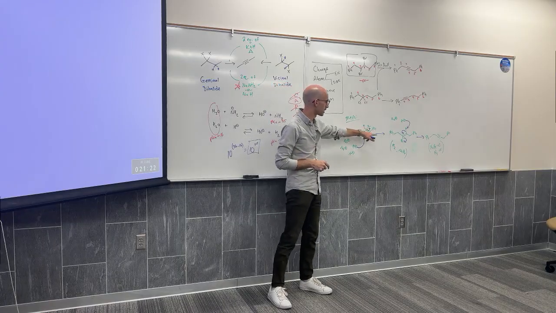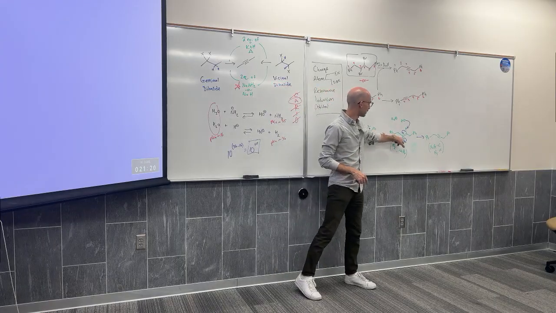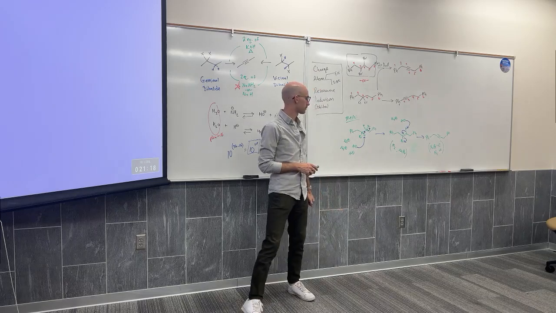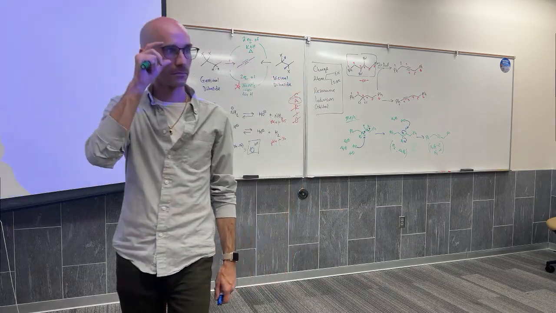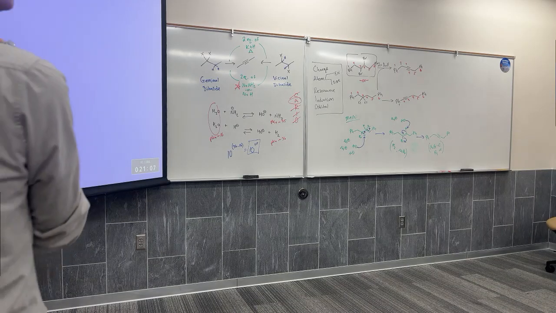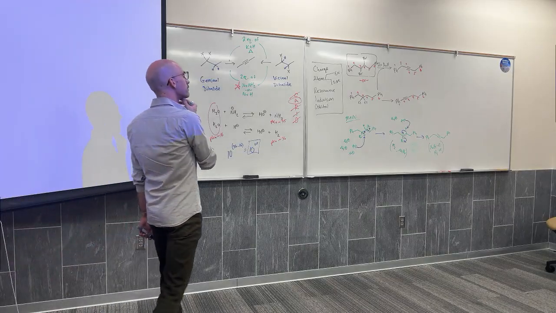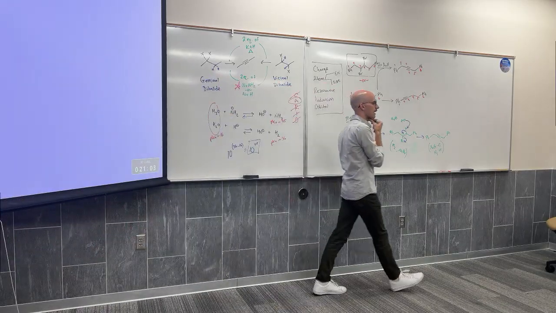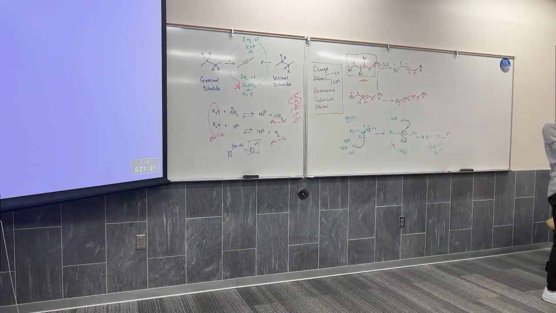So bromine leaves as Br minus, bromine leaves again as Br minus. So this isn't electrons being pulled or pushed as much as it is the base taking that hydrogen and that's releasing the electrons. Yeah, there is a pulling and pushing.